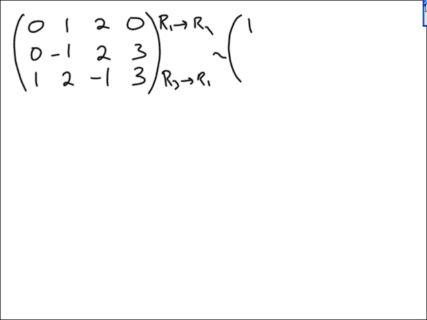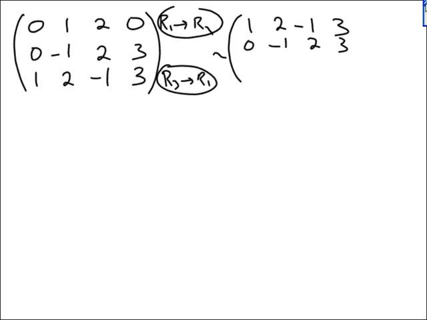So 1, 2, negative 1, 3. The second row we're not doing anything to. Notice how I code what I'm doing. That way when your teacher's grading your paper, if you make a silly error, he or she will be able to realize that it was just an error as opposed to not having any idea what you did.